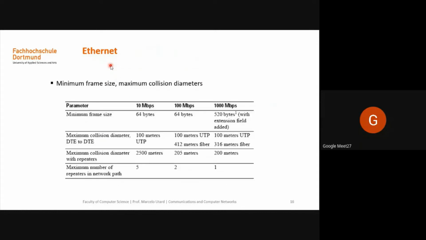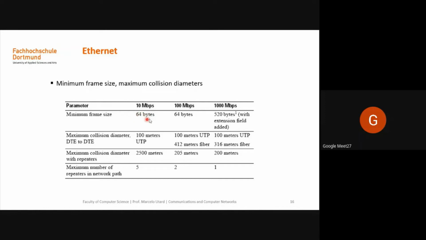And typically, then we have those parameters that we must respect. The first is the minimum frame size at each bit rate. For instance, in the case of 10 and 100 megabit per second, the minimum frame size is 64 bytes, that is 512 bits.